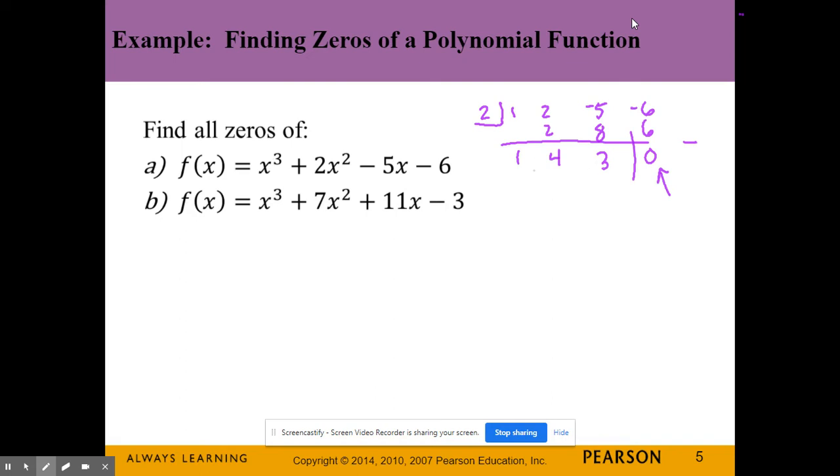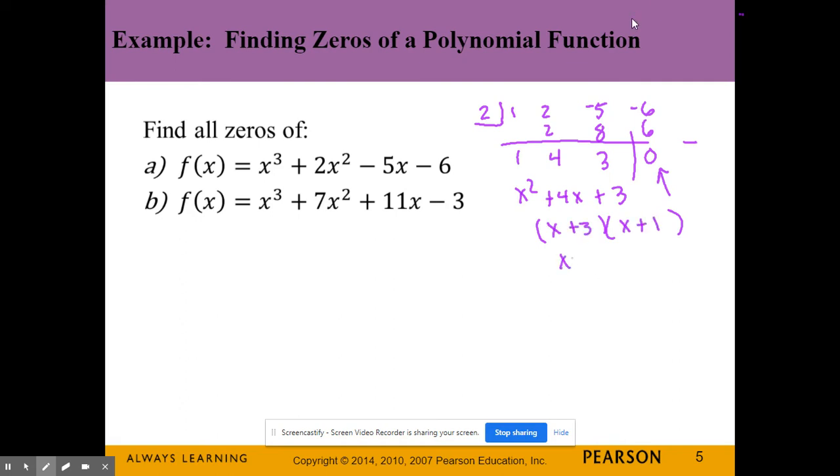How do you get the other ones? Well, you could keep doing synthetic division. However, what comes out of this is going to be x squared plus 4x plus 3. The other two zeros of part A are the two zeros of this function. So I'm just going to factor this. And we get x plus 3 and x plus 1.